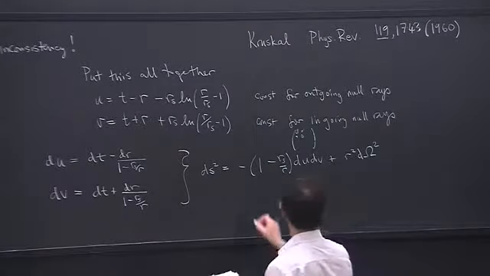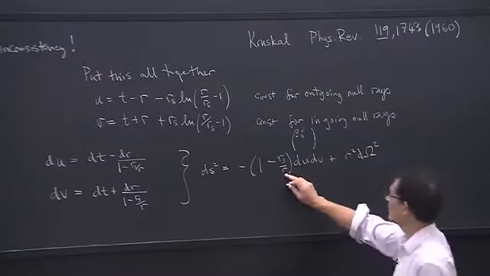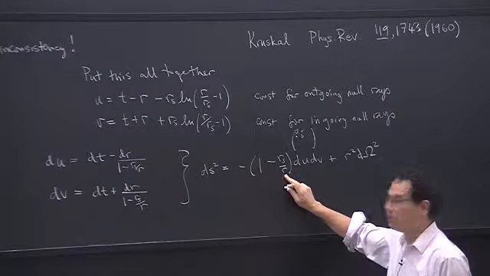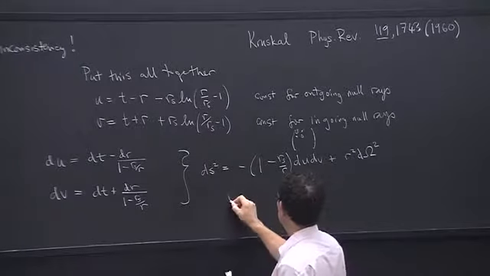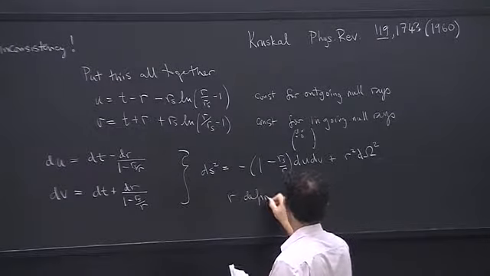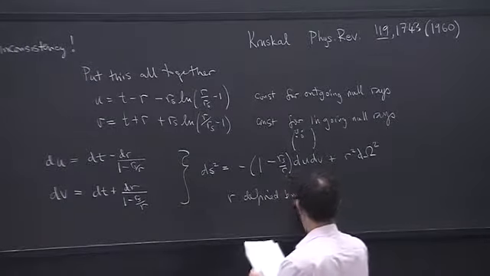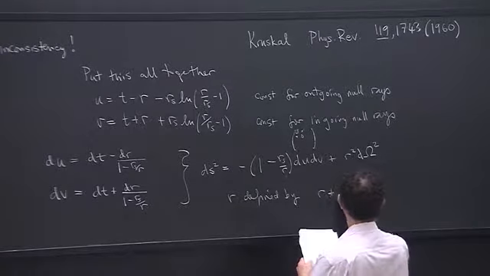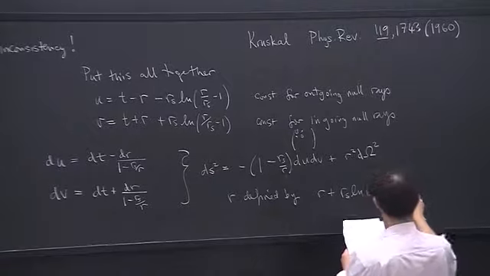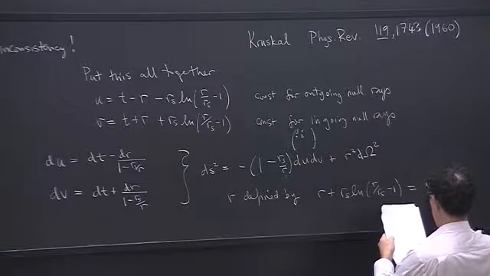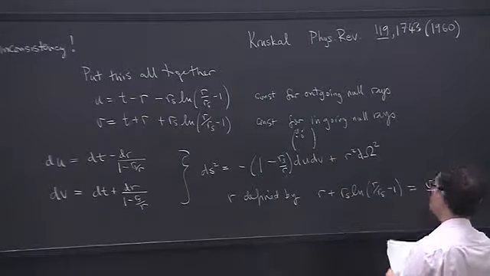And R, so this is a funny formula because it involves R. Of course, U and V are the coordinates, so we have to express R in terms of U and V. R is defined by R plus RS log R over RS minus 1 equals V minus U over 2, right?